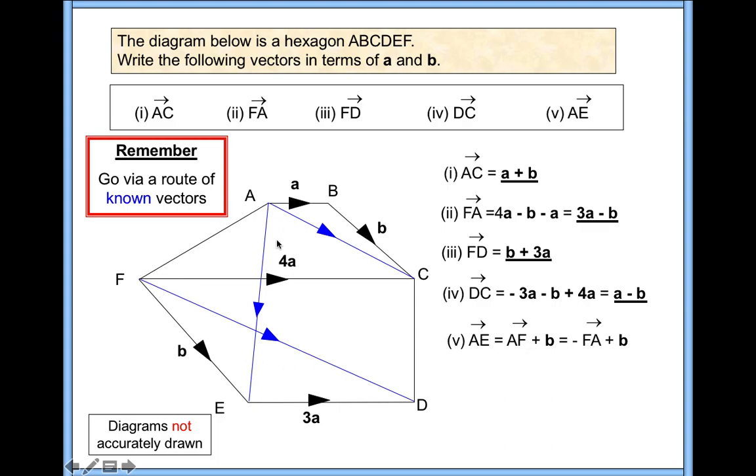Vector AE is going to be vector AF plus FE. Vector FE is B. Okay. Vector FE is B. That I have written here, B. Now, what about vector AF? Vector AF is negative of vector FA. Negative of FA. So, that will be negative of this term.